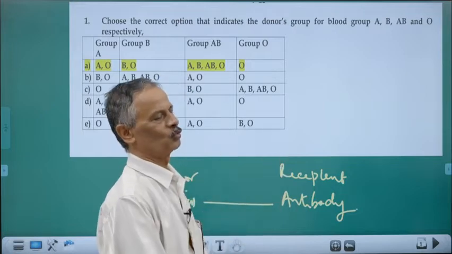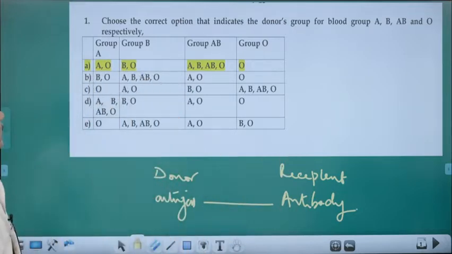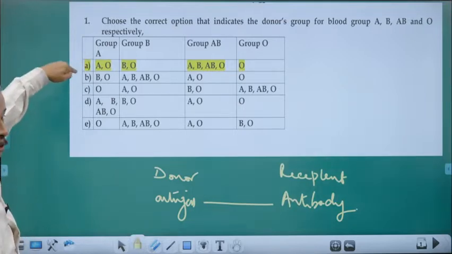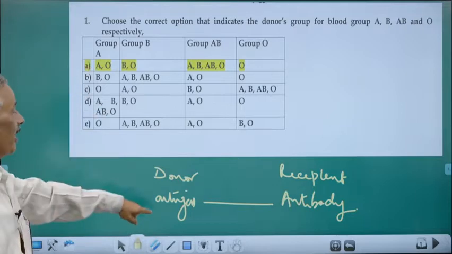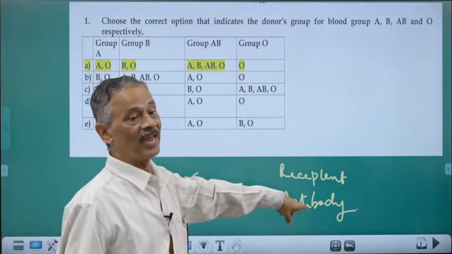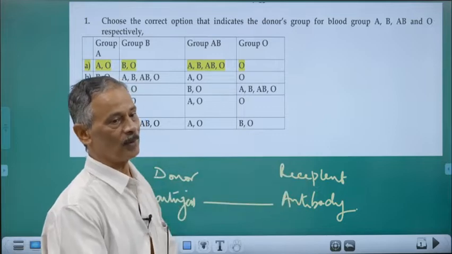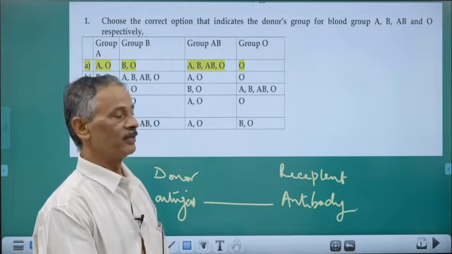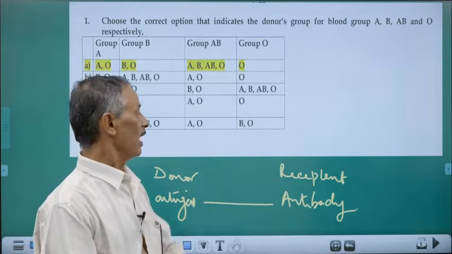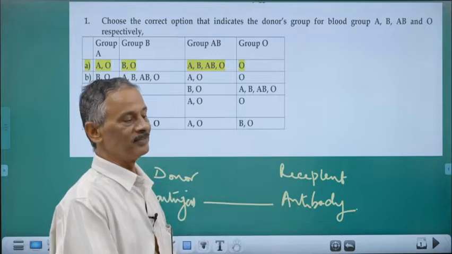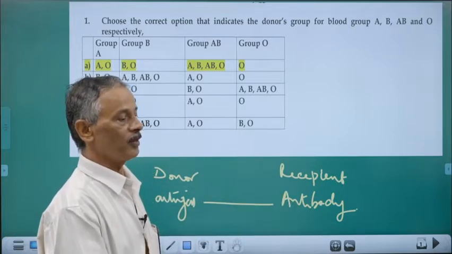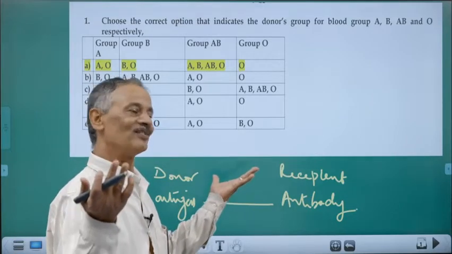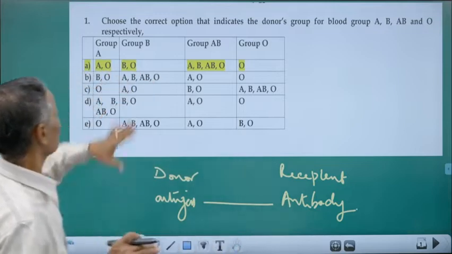That is the clue. That means he can receive blood from what group? A group. Because A group is having A antigen and he is having antibody B, so there is no problem. He cannot receive blood from B or AB because they are having antigen B and he is having antibody B. But he can receive blood from O group because O group is having no antigen. So only A and O he can receive.